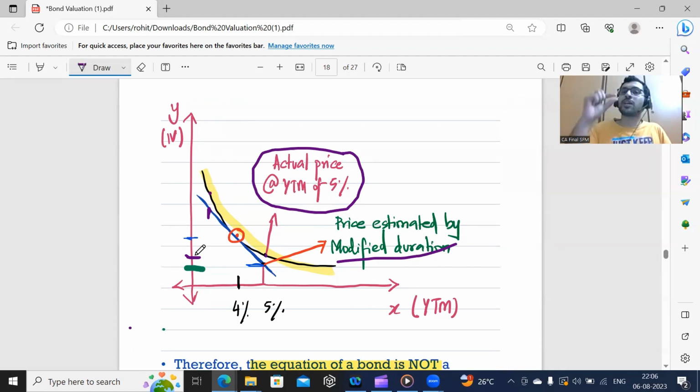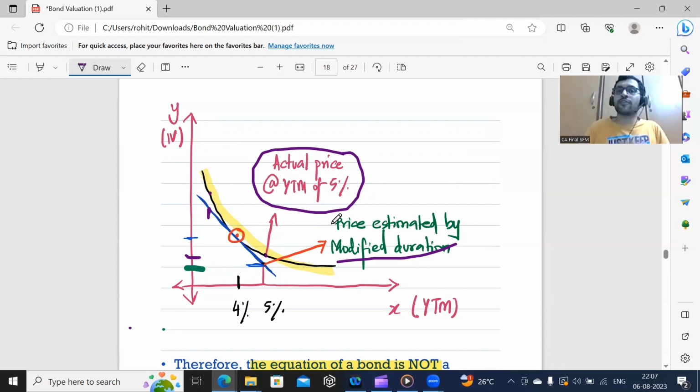There's still going to be a very, very small difference between the actual curve and what we are estimating using the convexity adjustment, but that gap is minuscule. The gap between the modified duration price and the actual price is quite significant, and therefore we introduced convexity.